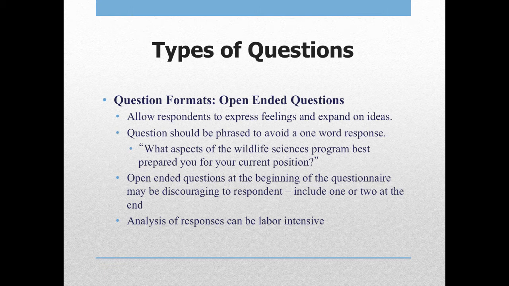A tip is, if you're going to have an open-ended question, put it towards the end of the questionnaire so that people can be prompted by your previous questions. Then if there's anything they want to add that you didn't ask, they can type that. It also is discouraging if the first question is open-ended, because again, that's a lot of work.